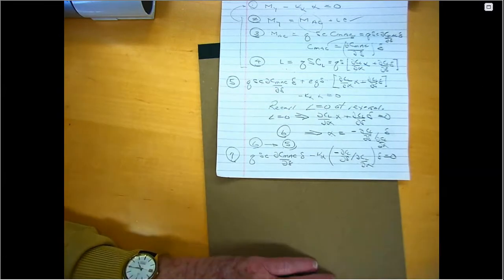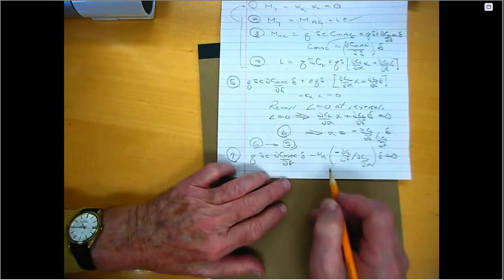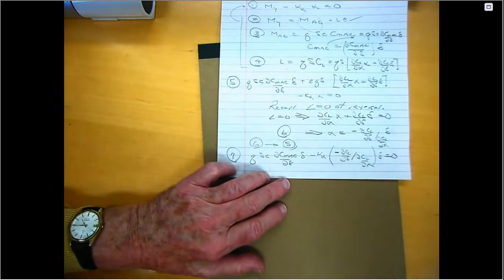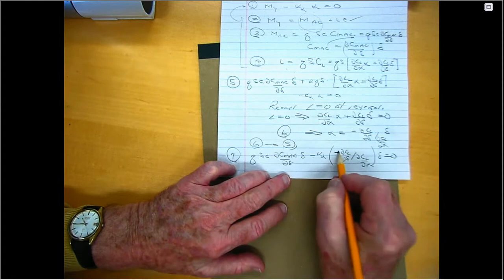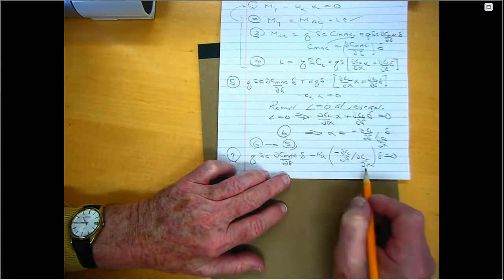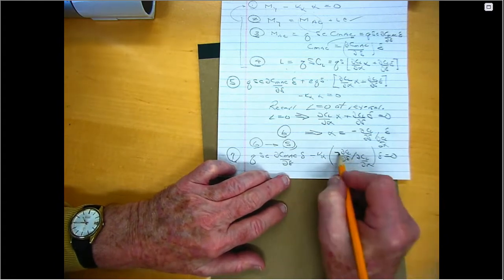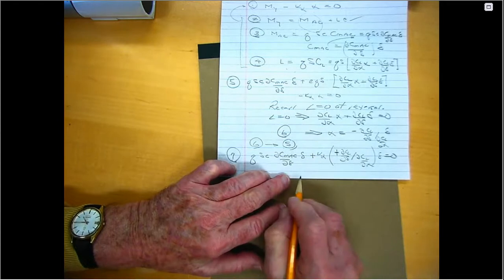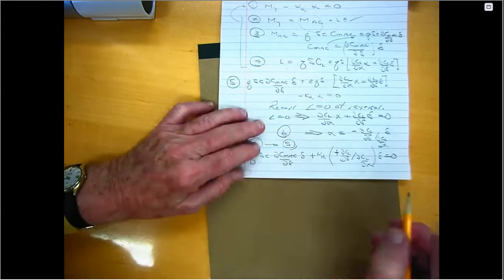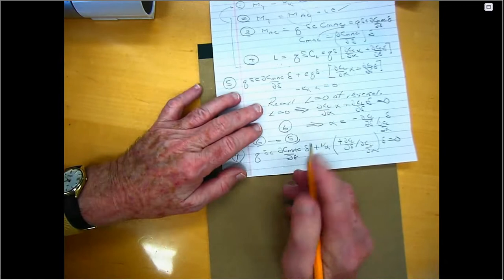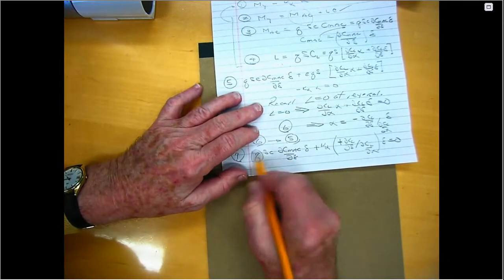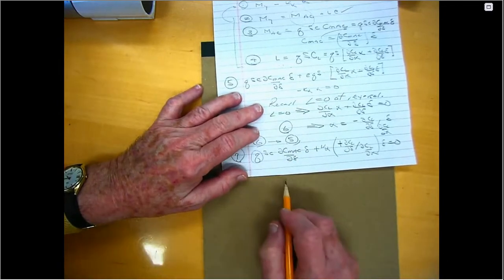Now, you have to keep track of the plus and minus signs. I've got a minus sign here, I've got a minus sign there, and so that's a plus and a plus, right? And now I'm going to solve this equation because I know what I want. I'm going to solve for the q which will make this equation 0 when delta is not 0.